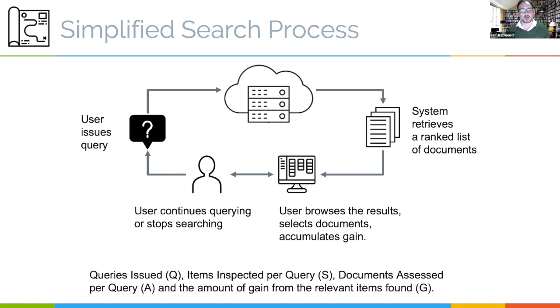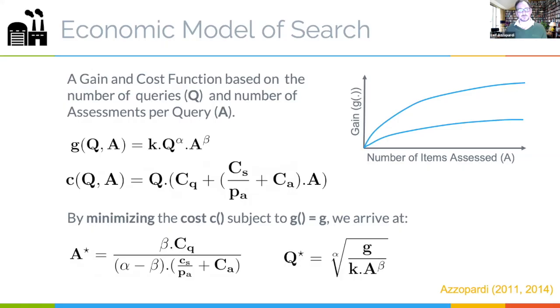I only want to touch briefly on this, but we developed some economic models that formulate the gain that people accumulate from the number of queries they issue and the number of items they look at per document. But then they also have a cost function. Each of those queries that they issue comes at some cost.